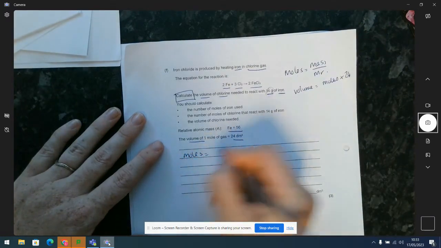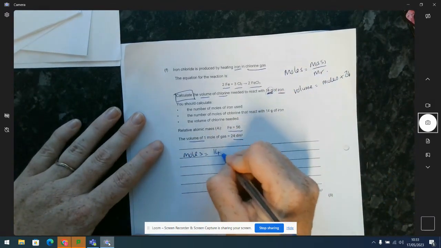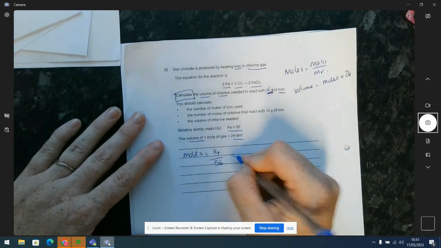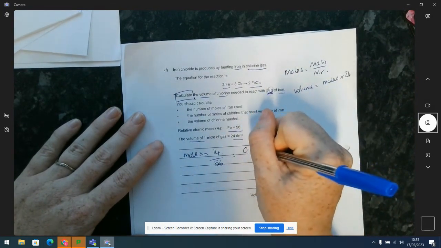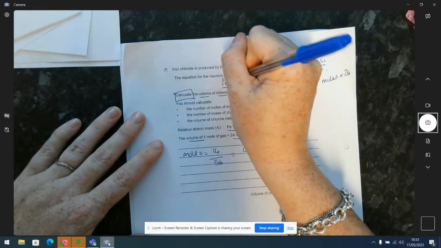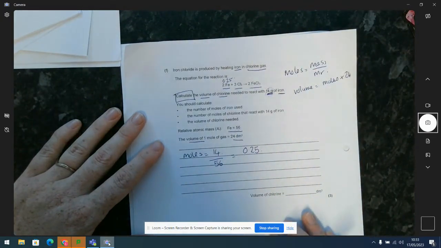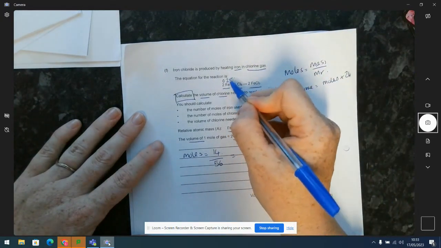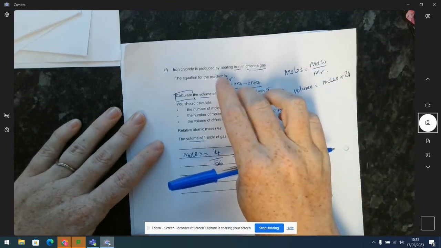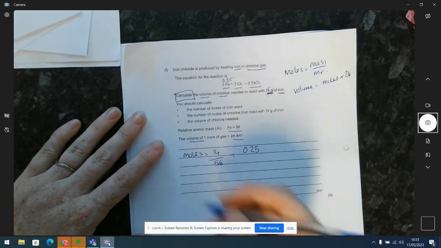So moles equals the mass of iron, which is 14. And I'm dividing it by the formula mass of iron, which is going to give me a moles value of 0.25 for my iron. Okay, so I can see that I've got 0.25 moles of iron, but we want to make sure we can work out the ratio for that specific moles value.